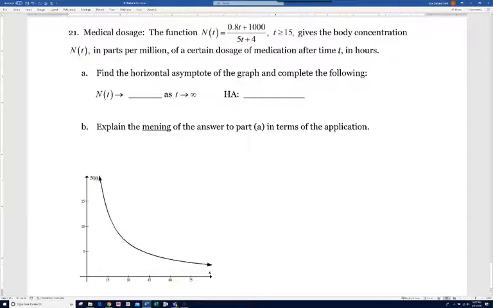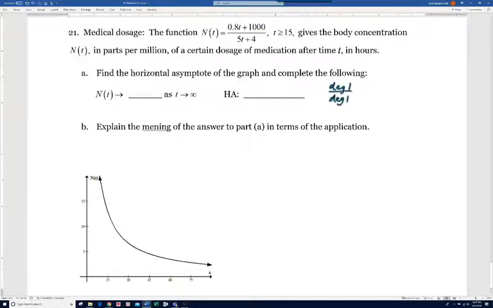This gives the body concentration, which we're calling n of t, in parts per million of a certain dosage of medication after time t in hours. So first of all, it says find the horizontal asymptote of the graph and complete the following.